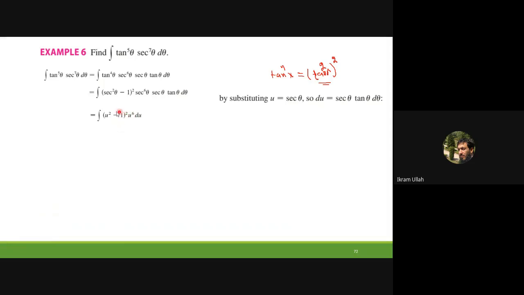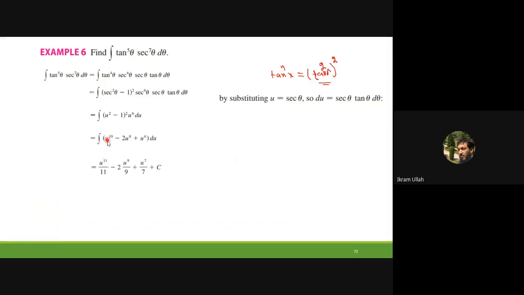Now this is the a square minus b square formula in u. So expand this formula, multiply by u to the power 6, and then apply the integration. Now the simplification of this form is given in this equation. So now apply the integration on each term.